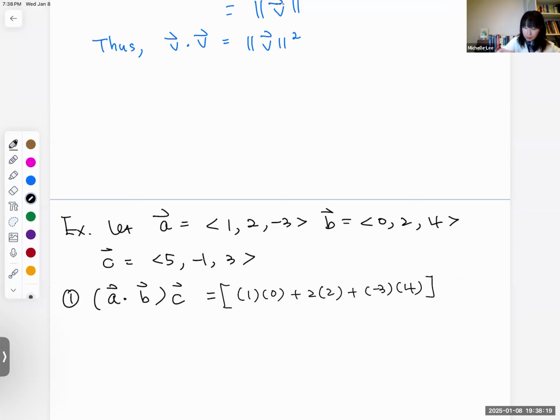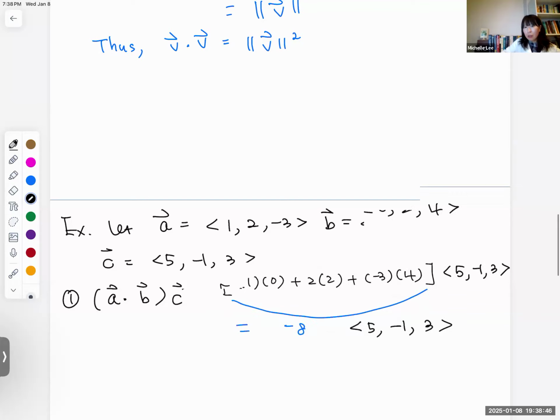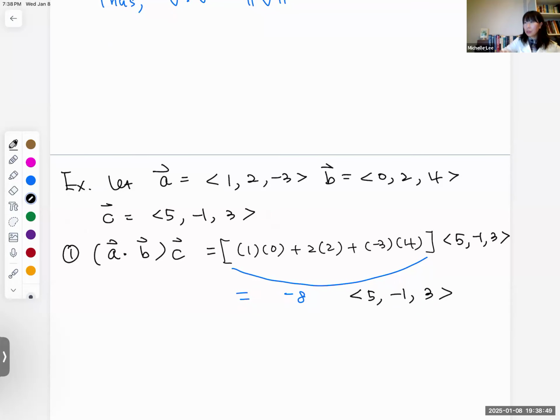So we write c this way. c is (5, -1, 3). This is a vector, okay? All right. So inside what we have is -8. Then we have (5, -1, 3), right? Then we can distribute. So we will get -40, 8, -24.